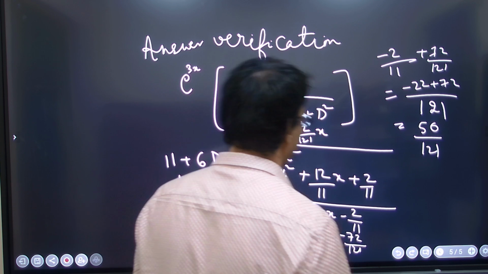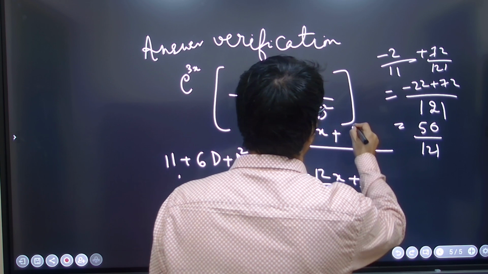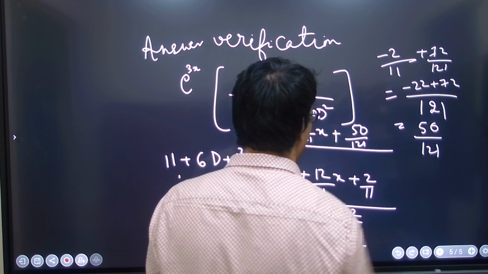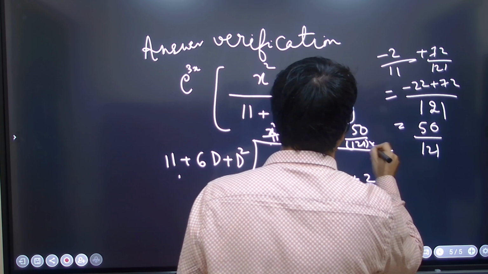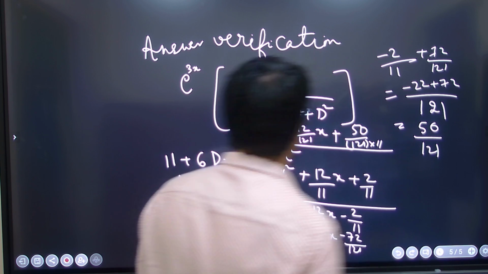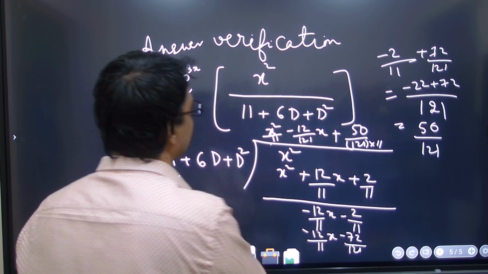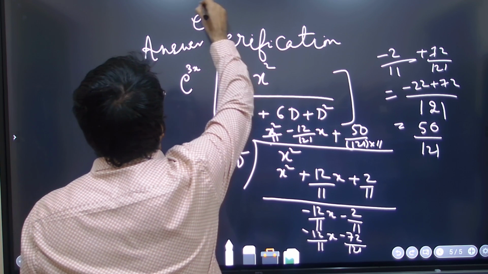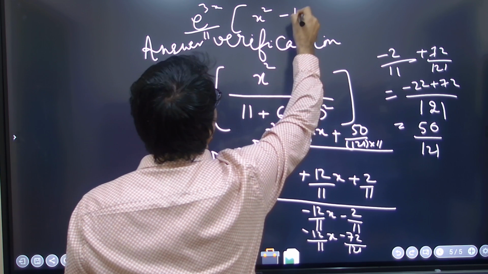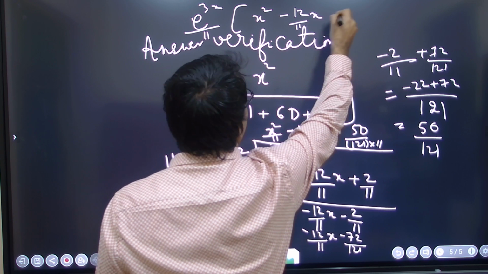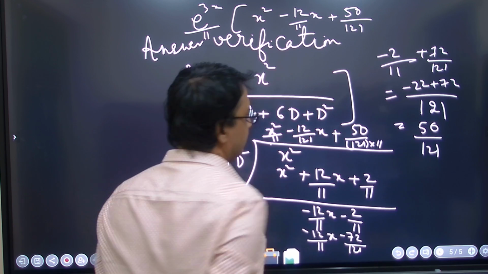So 50 by 121 is what we get. So we should be doing the further calculation. That means we should multiply this by 15 by 121, and since I have to multiply with 11, I will get it done here. So this is my answer over here. If I take 11 common outside, this is x square minus 12 by 11x plus 50 by 121.